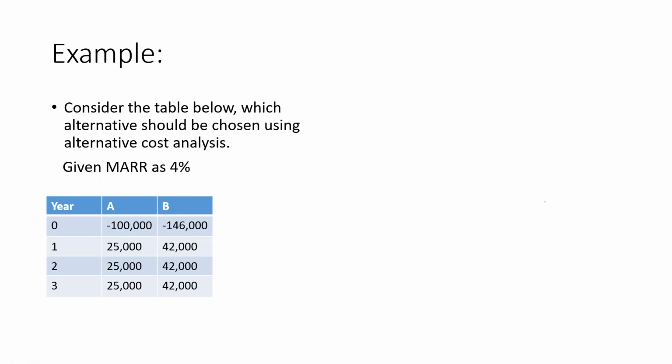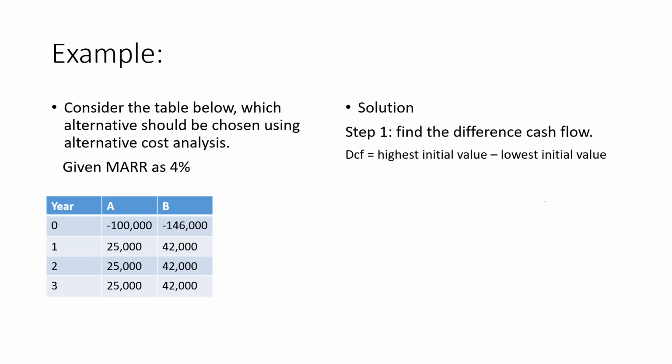So how do we solve this question? As an engineer, we are asked to pick which one is suitable, which one we should go for, which one is more profitable. Step one is to find the difference cash flow. How do you find it?